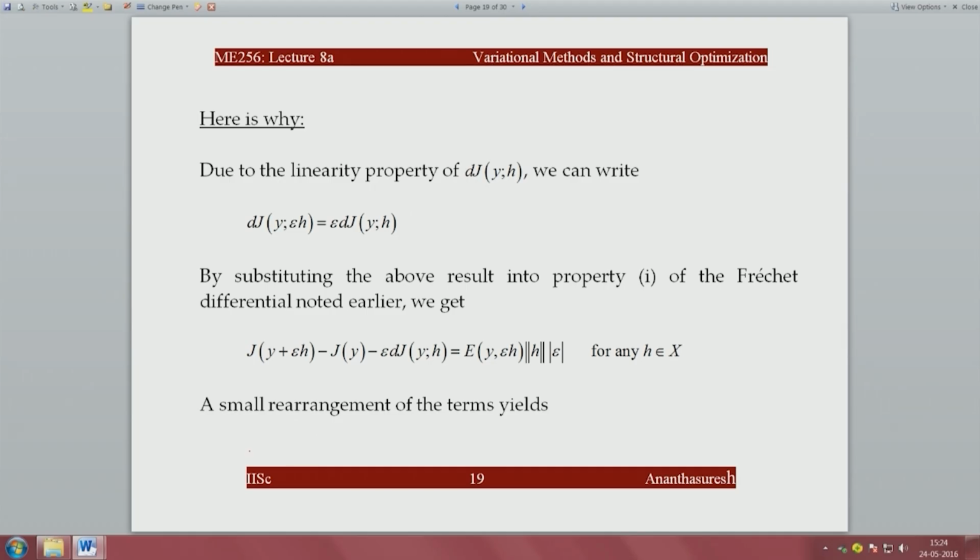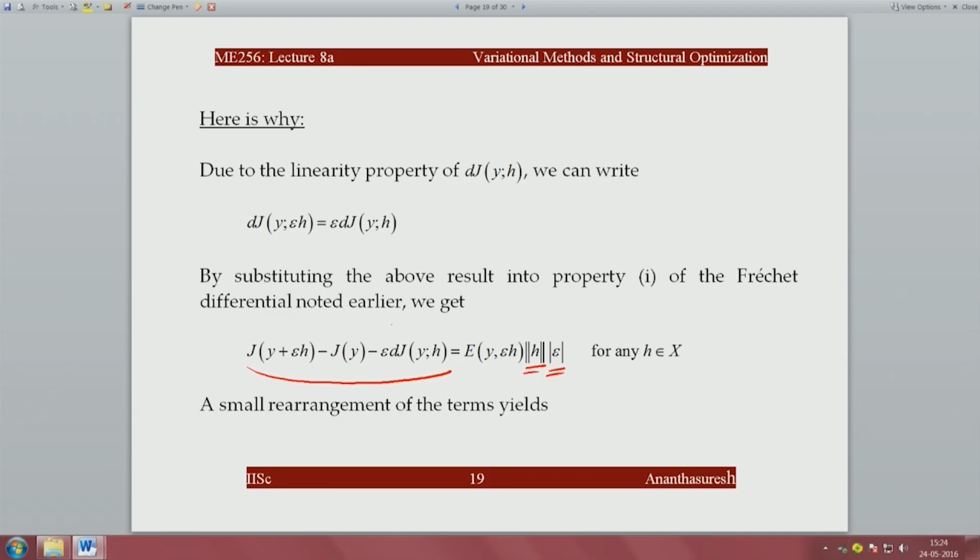So, all we are trying to say is that when you think of that limit that we used in the Fréchet differential expression, J of y plus epsilon h minus J of y minus epsilon dJ(y, h), okay, then that is equal to the error term that may be there in it, E(y, epsilon h), times the norm of h and the absolute value of epsilon. This is true, this is one of the properties of the Fréchet differential.